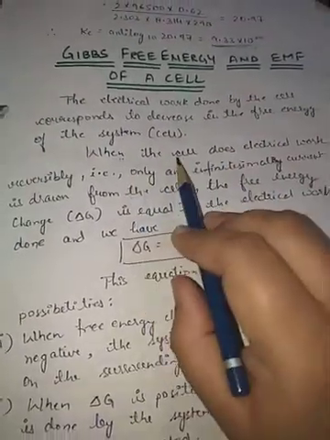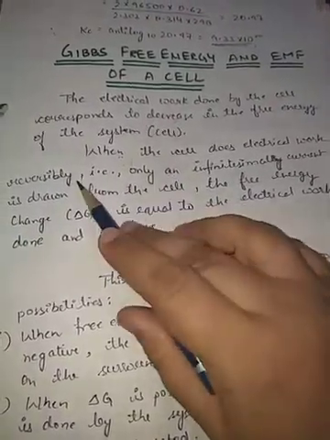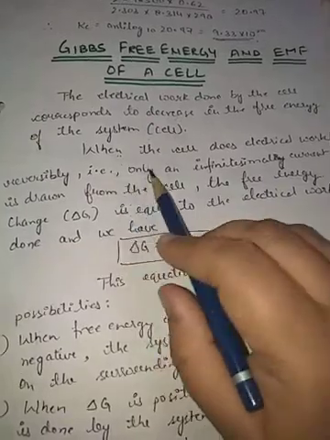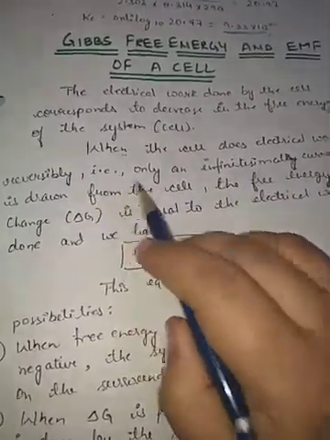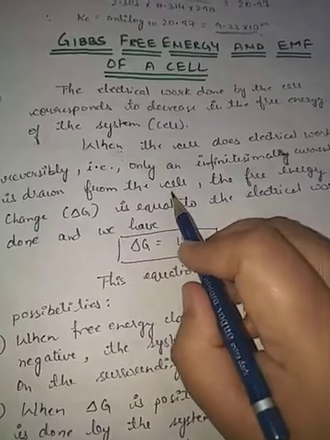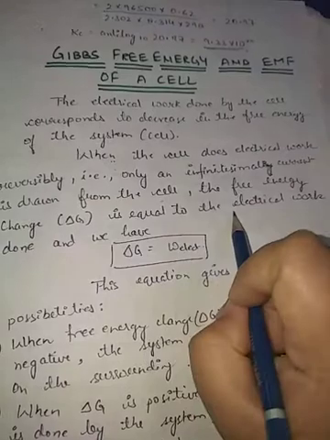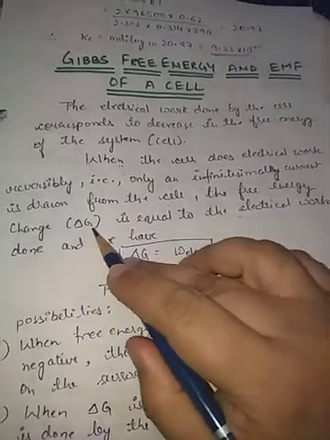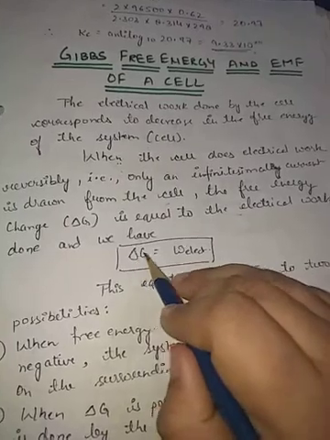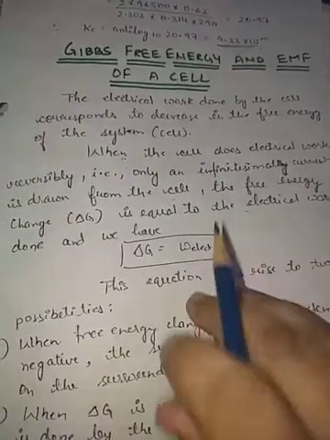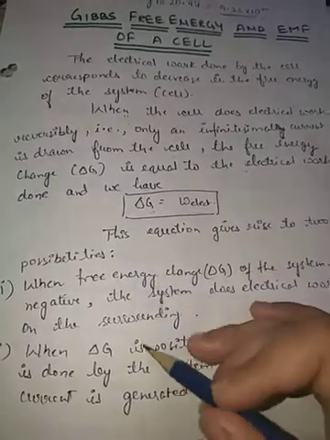And when the cell does electrical work reversibly, that is, only an infinitesimal current is drawn from the cell, a very small amount of current, the free energy delta G is equal to the electrical work done. Whatever the free energy is, it is equal to the electrical work done, meaning delta G is equal to W electrical.